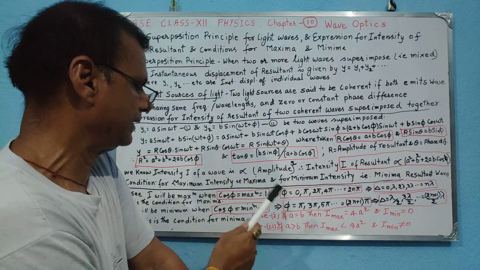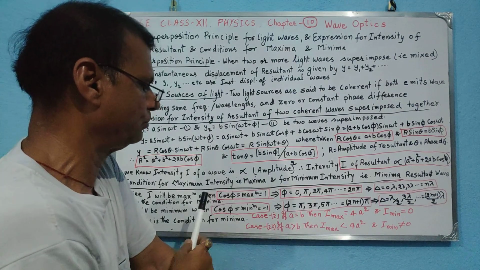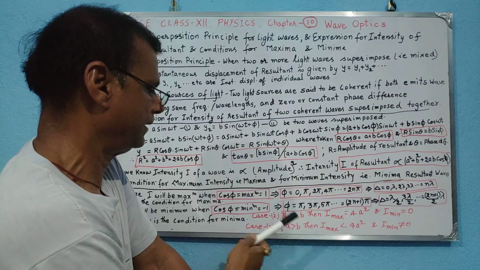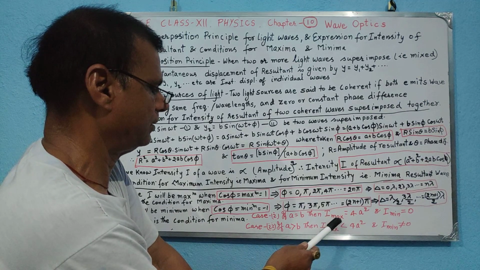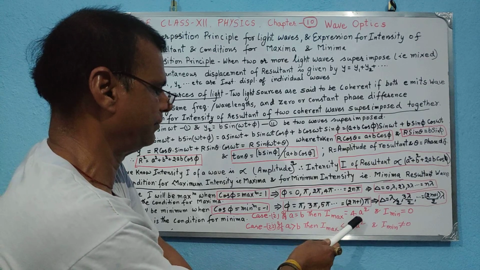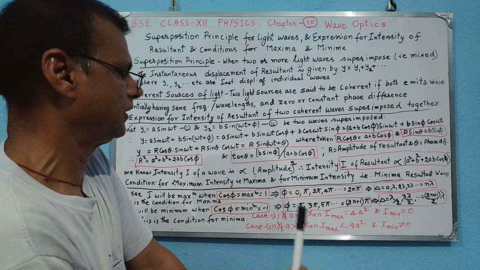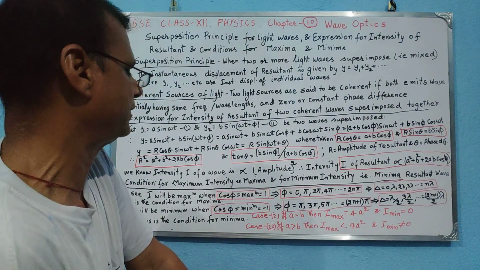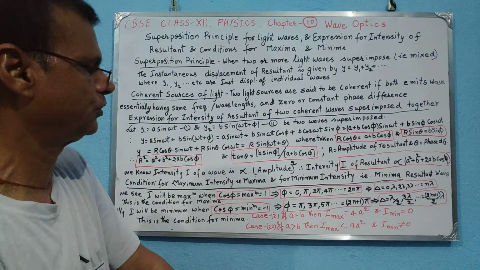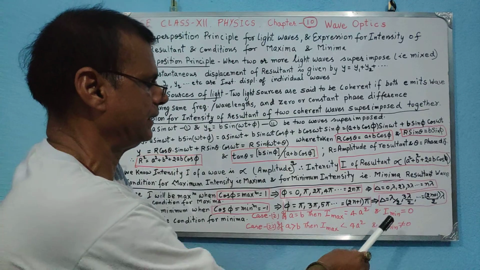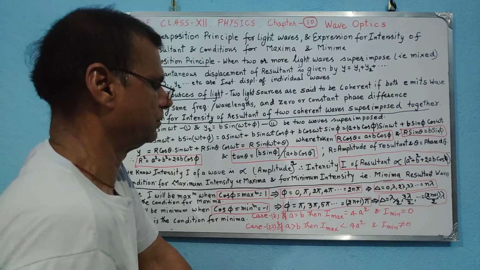Now if we consider a case where A is equal to B, then the maximum intensity, the intensity of the maxima, will be 4A square. It means it will be 4 times the intensity of an individual superimposing wave, and the intensity of the minimum will be 0.